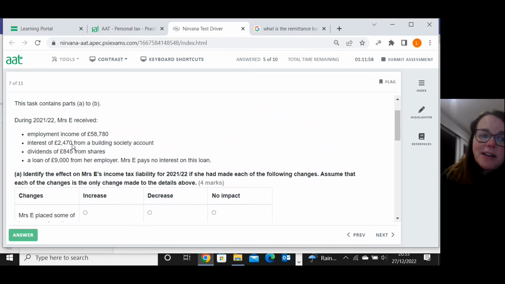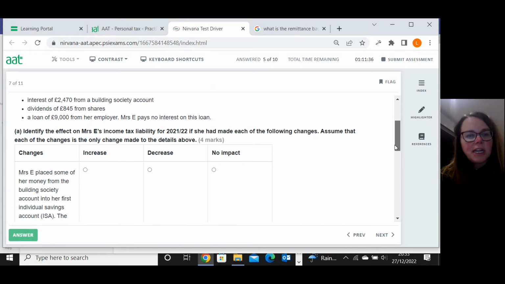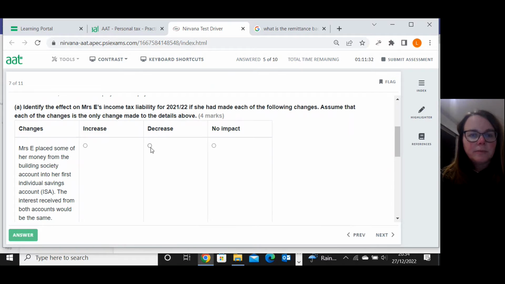Even if she'd been a basic rate taxpayer, some of this would still be taxed, because even then she would only have had £1,000 that was taxed at 0%. So it's going to be tax efficient for her to move some of this into an ISA, because we know that the interest there is exempt. So therefore, if she does that first thing, she is going to decrease her income tax liability.